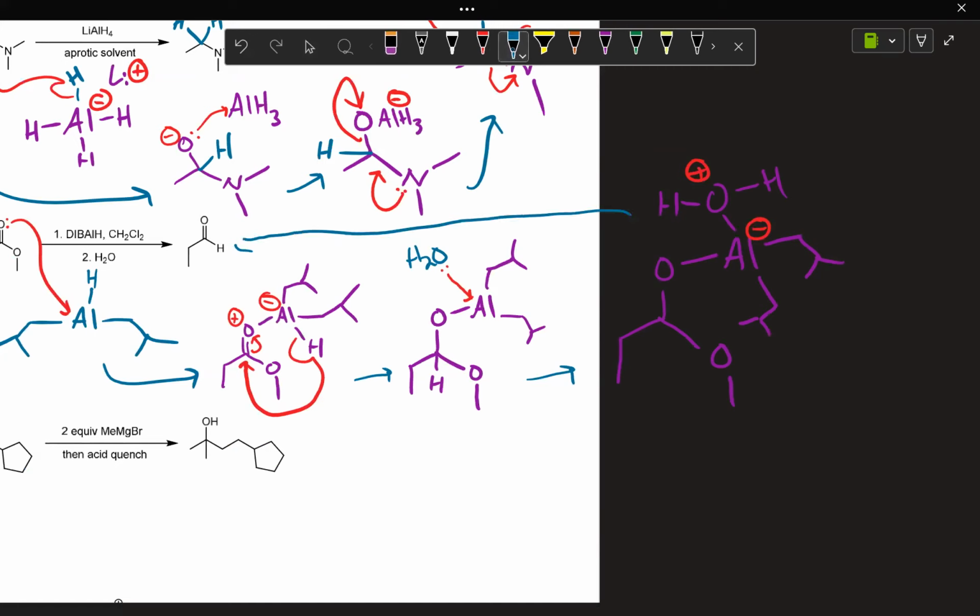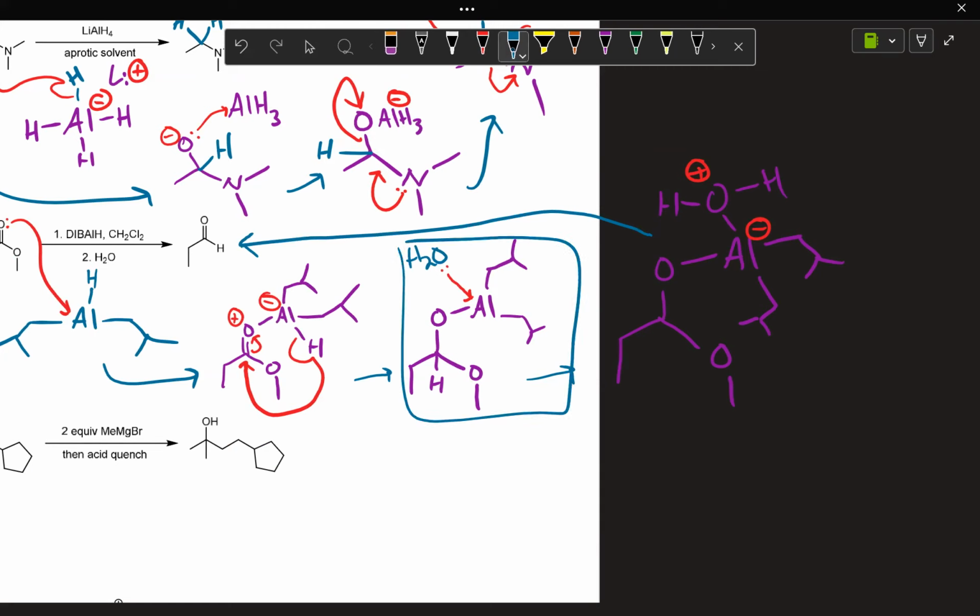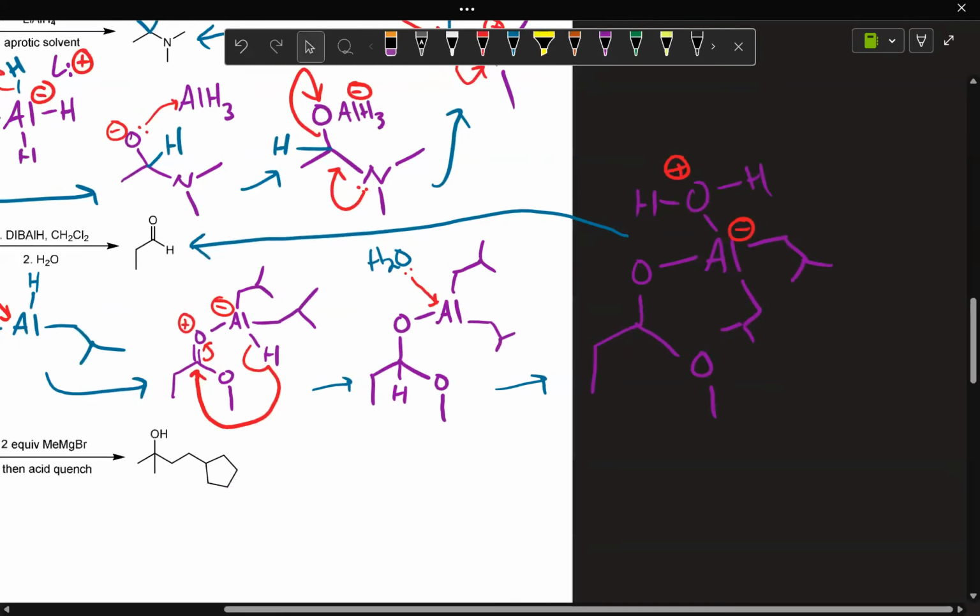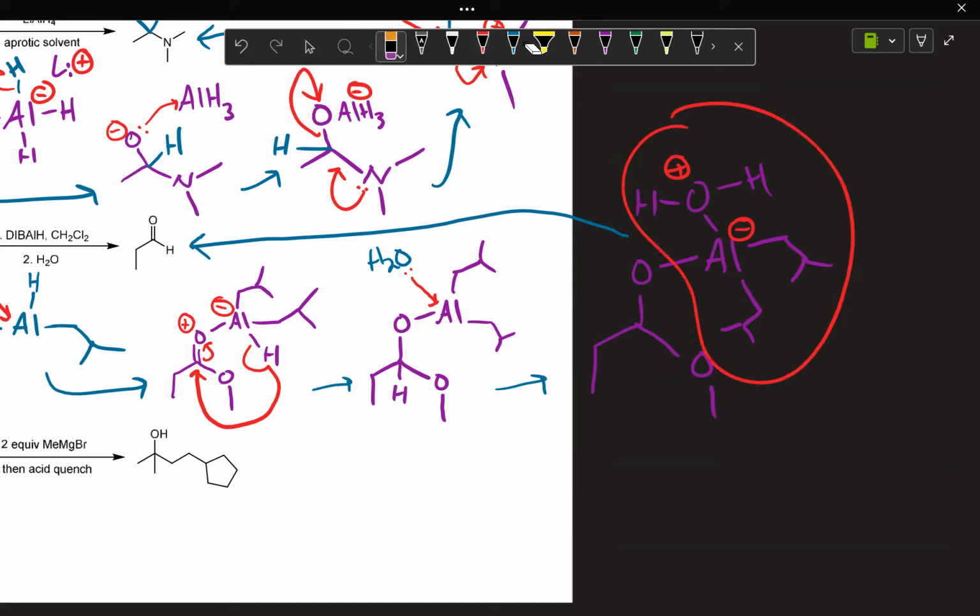And the way that is done is we're going to do everything that I previously mentioned that separated where we were in this step from the product. So we need this aluminum to be taken off of this oxygen, and we need a double bond to be formed. So we're going to do that in one step.